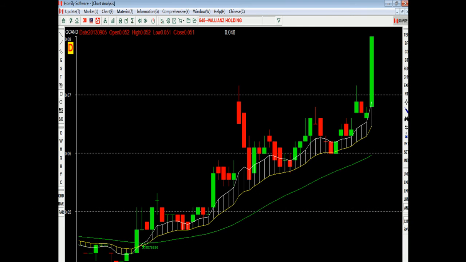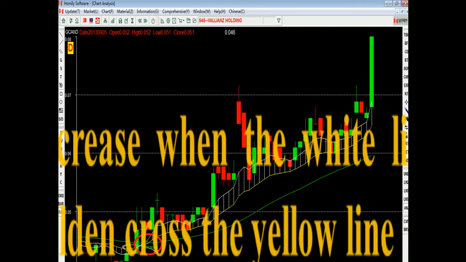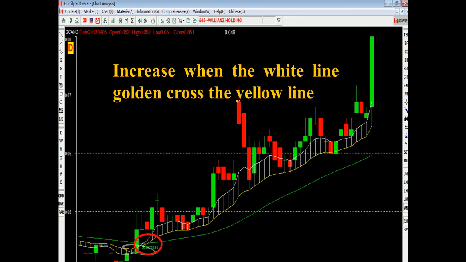The next one: increase when the white line golden crosses the yellow line. So we can see here, the increase signal appears. This is for increasing position, adding some position. So when the white line golden crosses the yellow line, you can add some position.